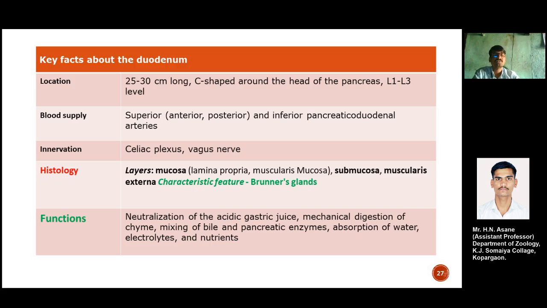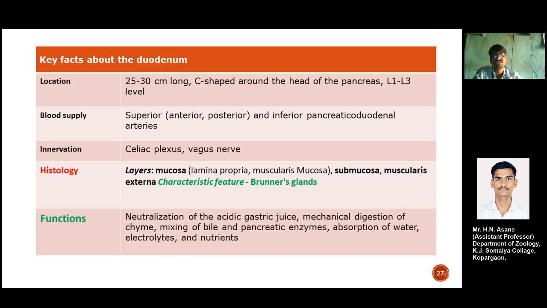Okay, then the functions of the duodenum. The duodenum plays a role in the neutralization of the acidic gastric juices. Okay, and mechanical digestion of the chyme, that chyme which is made in the stomach.